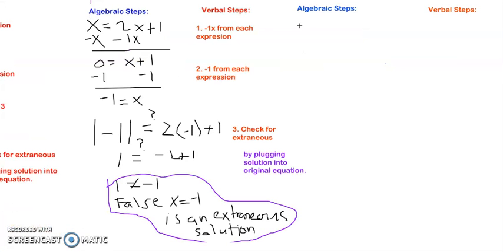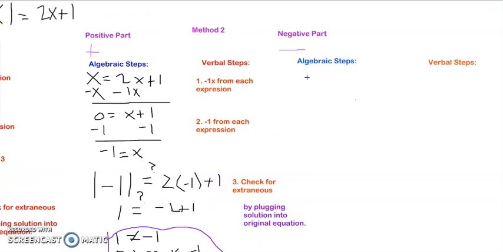Here's where the method is a little bit different. So for our negative part, we have x equals negative parentheses 2x plus 1. And we're going to distribute that negative sign to each term.